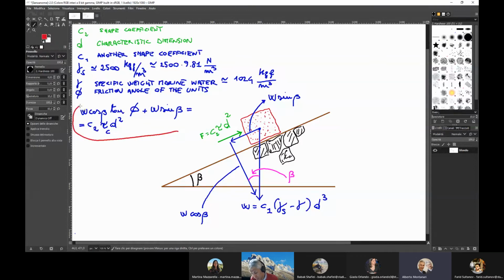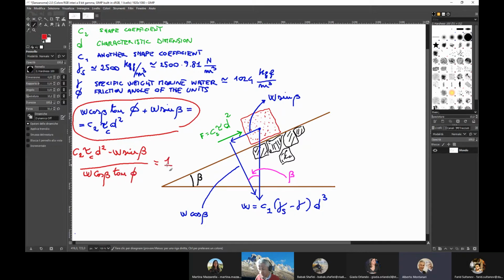So basically, if I take this equation and rearrange it, I can rewrite it in this way. C2 tau C d square minus W sin beta, divided by W cos beta tan phi, equal to 1.